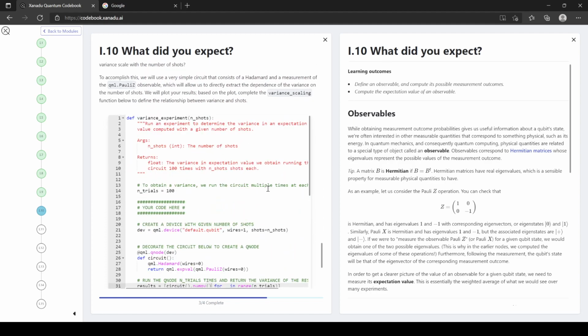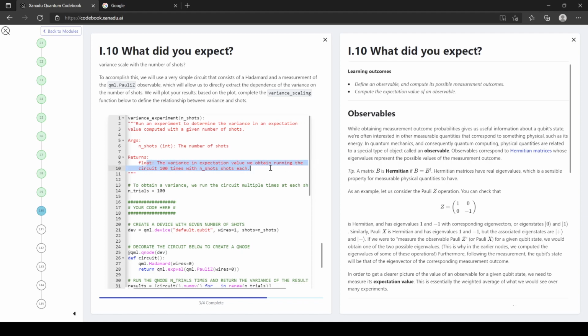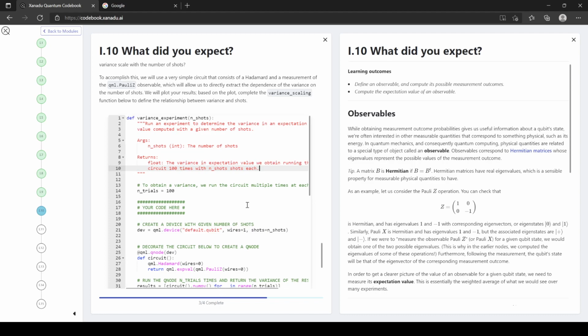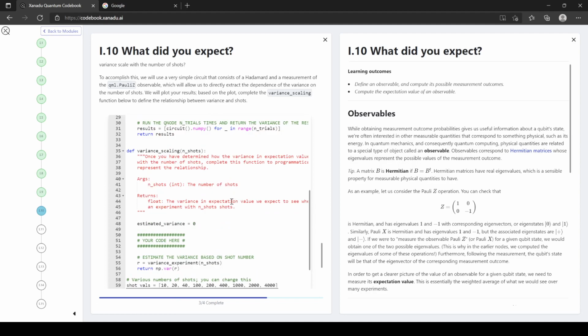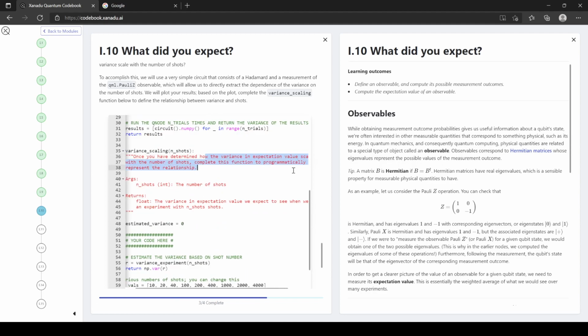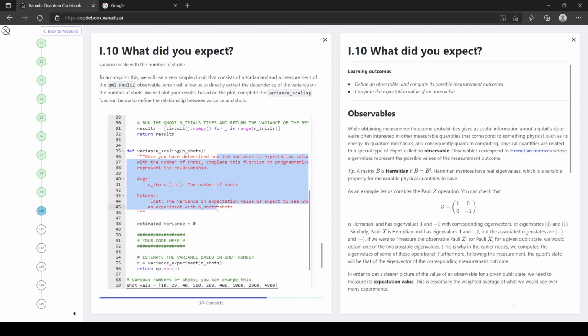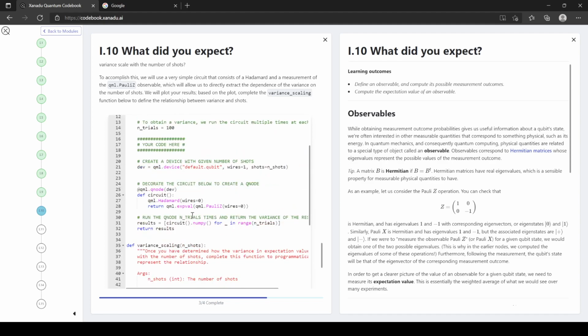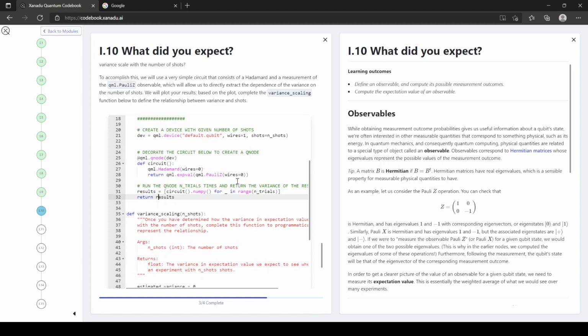All right, maybe I should actually read what we're supposed to do. The number of shots float. The variance. Oh, okay, yeah. So I should actually read the results or read the functions.